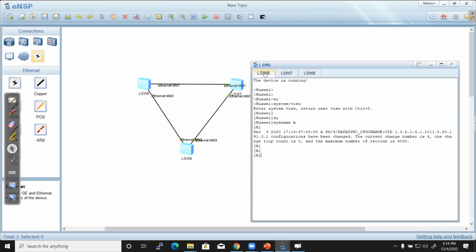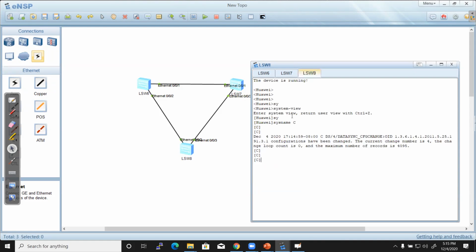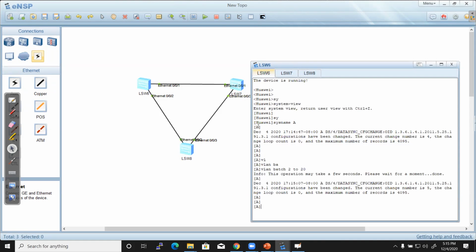What we are going to do is create VLAN batch from 2 to 20, and I need to do the same configurations on all the switches. So get the same VLANs over here and the same VLANs over here, and still I'm not sure it will show you the results or not.